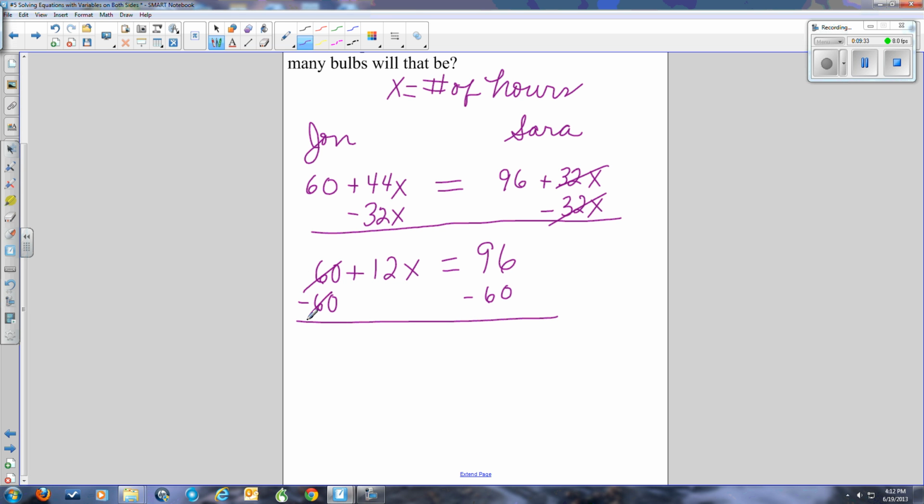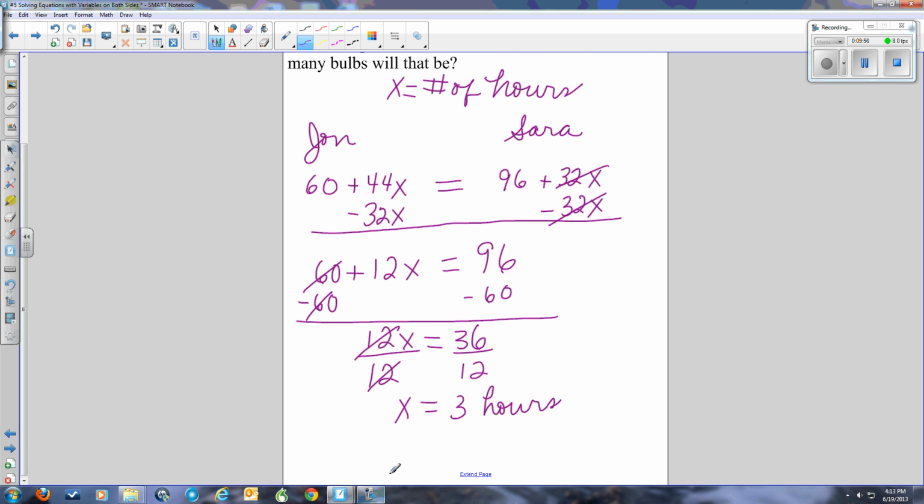So the 60's on the left cancel, and I have 12x equals 36. Now we want to get x alone, so we're going to divide each side by 12. And on the left, the 12's cancel, and on the right, 36 divided by 12 gives you 3. So in 3 hours, they will have planted the same number of bulbs.